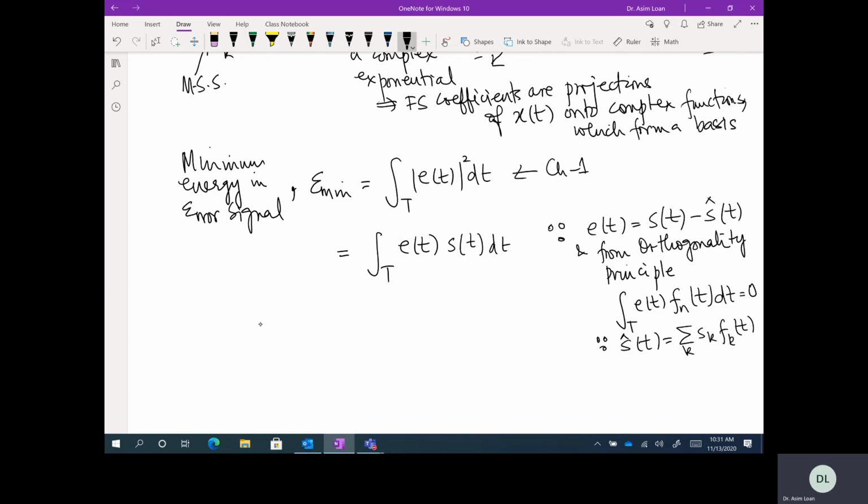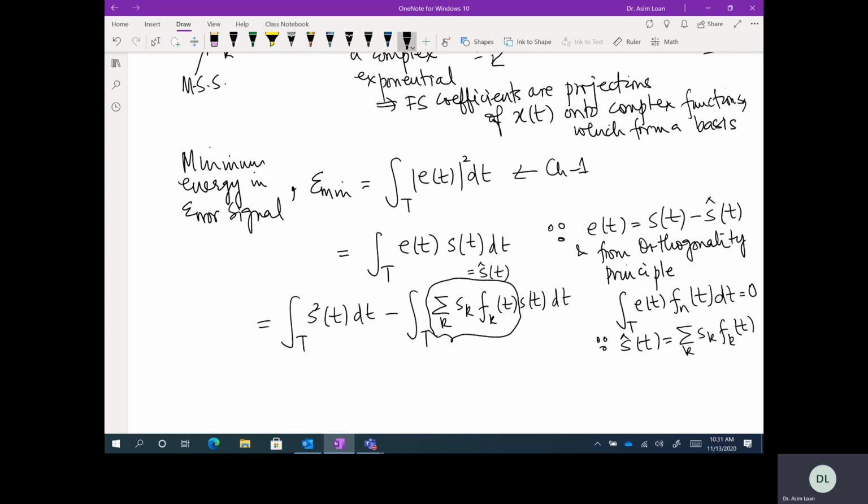Okay, if this is the non-zero thing, I can write this as the integral of s square of t dt minus the sum over k of s k f k of t times s of t dt, because e of t is s of t minus s hat of t. This term here is s hat of t, and one s of t goes here.